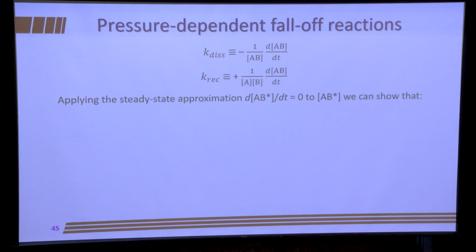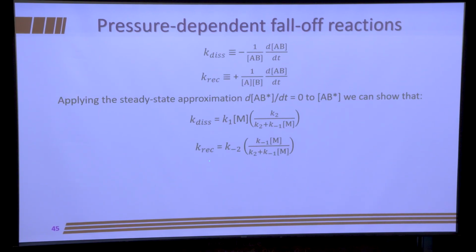Okay? So the rate constant for dissociation is equal to K1 times M times K2 all over K2 plus the reverse rate constant for reaction 1 times M. Okay? And then the rate constant for recombination is equal to the reverse rate constant for reaction 2 times the reverse rate constant for reaction 1 times M all over the rate constant for reaction 2 plus the reverse rate constant for reaction 1 times M.